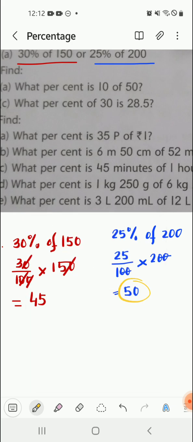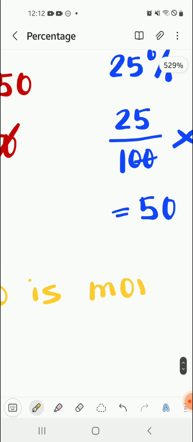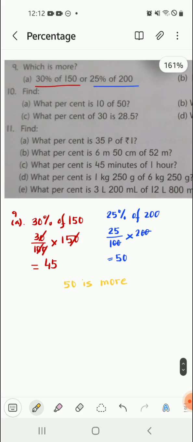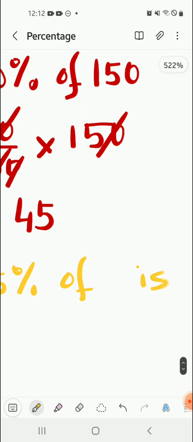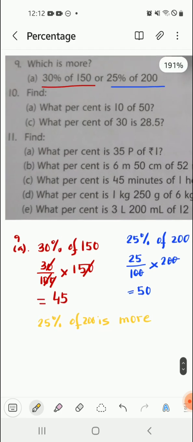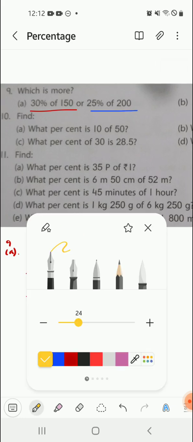So 50 being the greater, we will write down that 25% of 200 is more. That's it. We'll move to the next question, 9B.